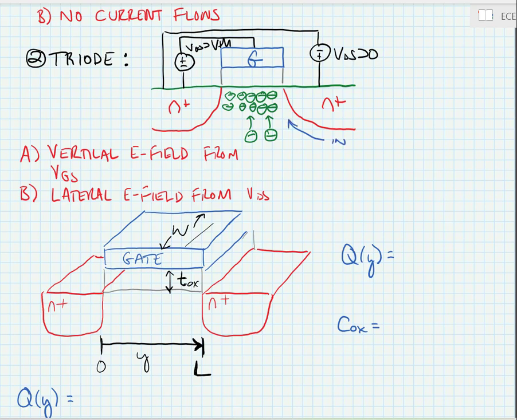We say in this case that the channel is inverted. It's gone from being primarily p-type material to free electrons that can form a channel between the two N+ regions. And this is due to the vertical E field from VGS. The vertical E field from VGS causes accumulation of carriers in the channel.